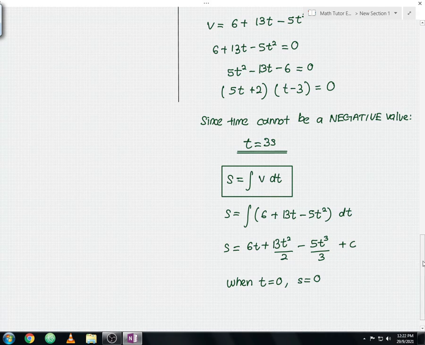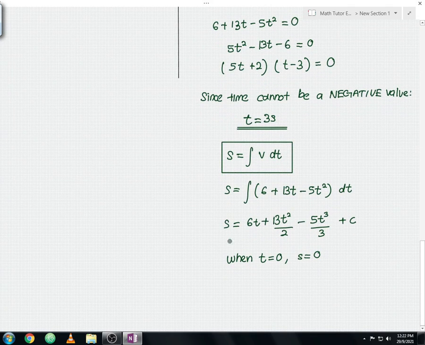So from here your displacement of the particle will be equal to 6t plus 13 t squared over 2 minus 5 t cubed over 3.